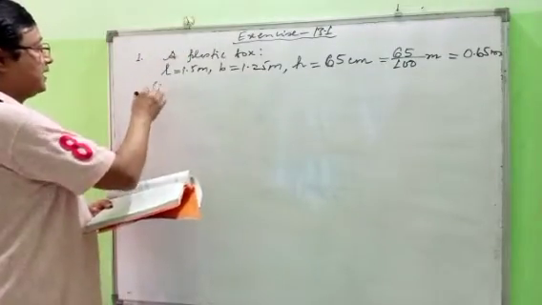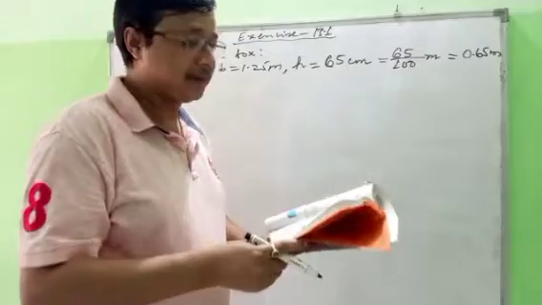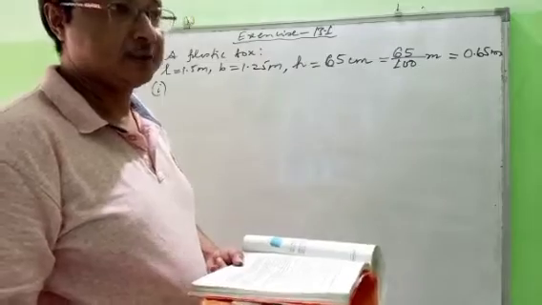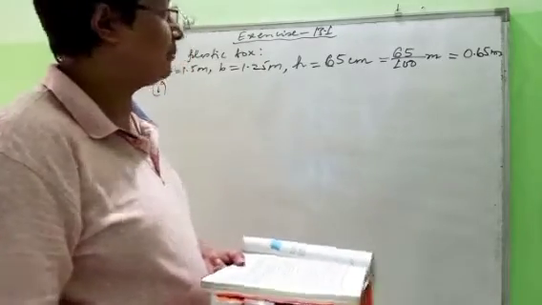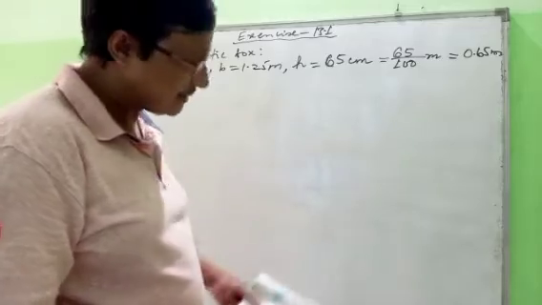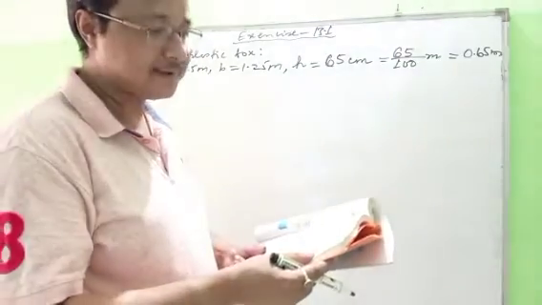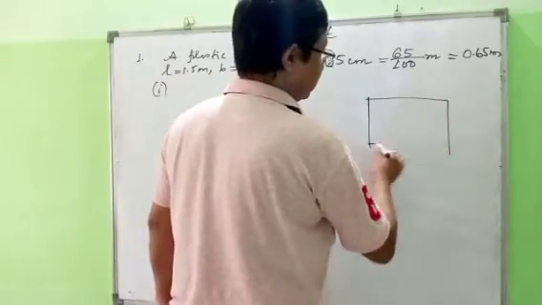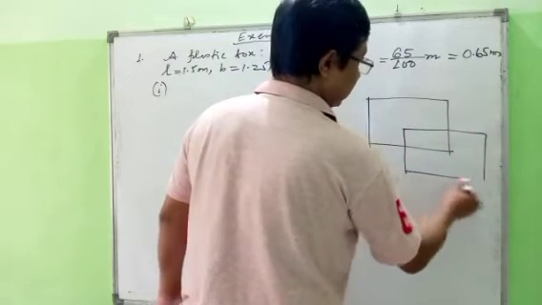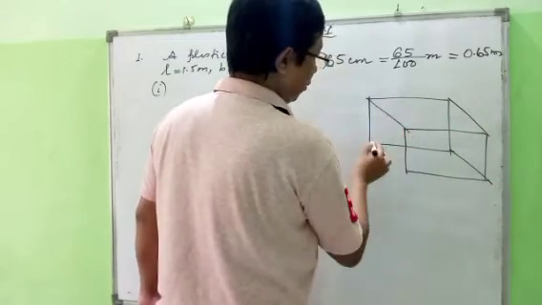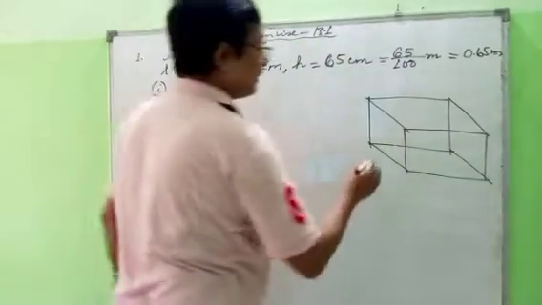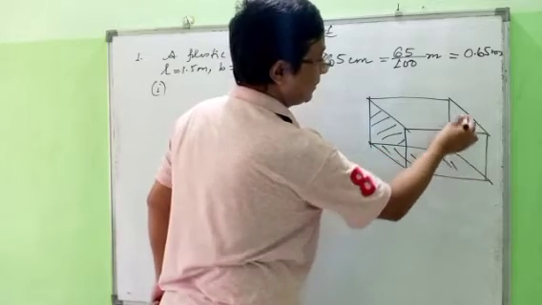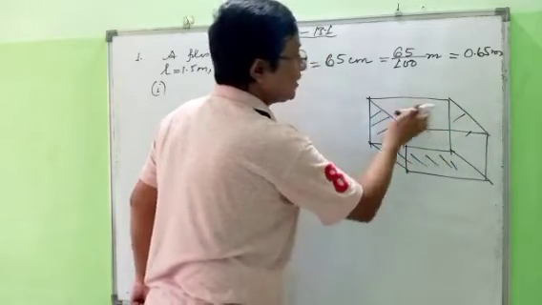To get the area of sheet required for making the box, as the box is open, supposing this is your cuboid, all the box they have made with plastic. These are all plastic sheets. But here the box is open, so here is no plastic.